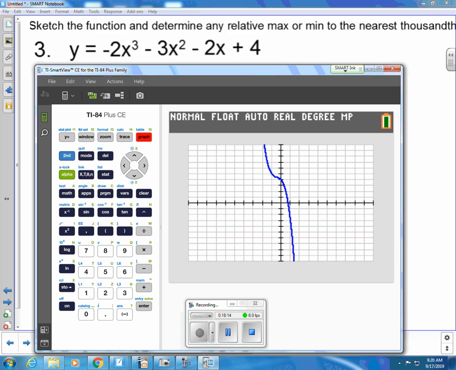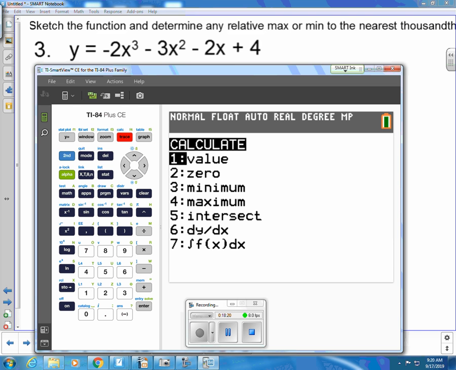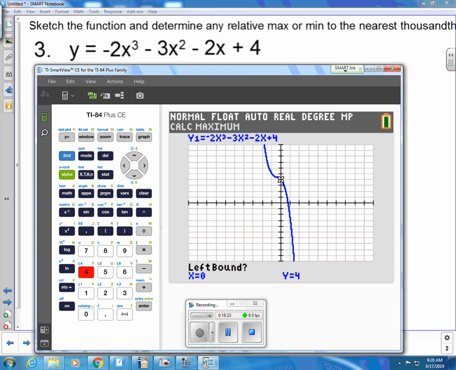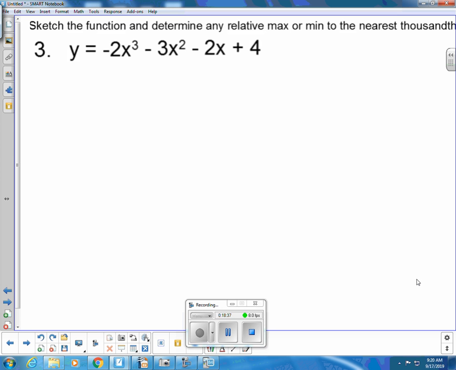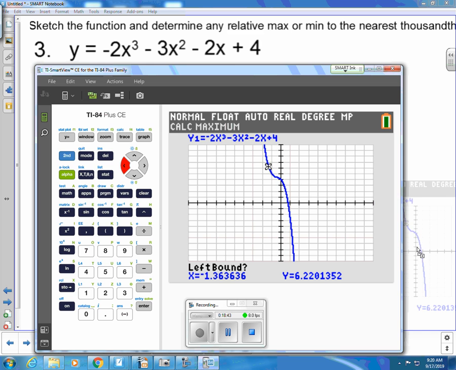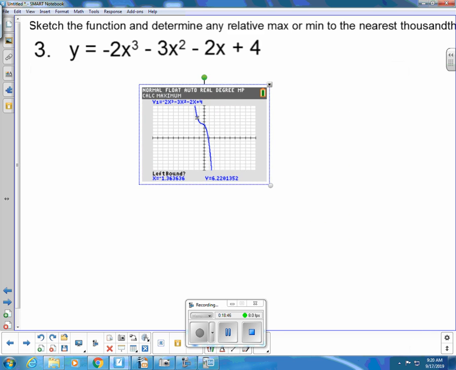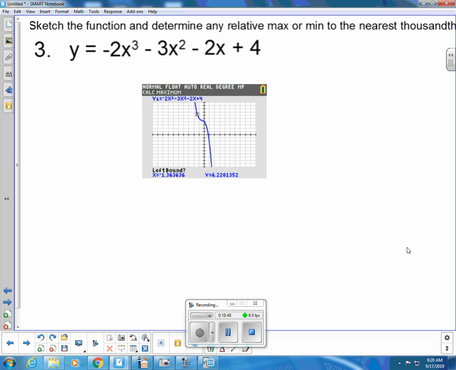To the nearest thousandth, it looks like an inflection point to me, but let's look. Now I'm looking at what the y's are doing here. It's going up, up, up, up. That's an inflection point. So this one has no max or mins. Not a good example to pick. I know you guys know how to do it with your calculator though, so I'm okay.